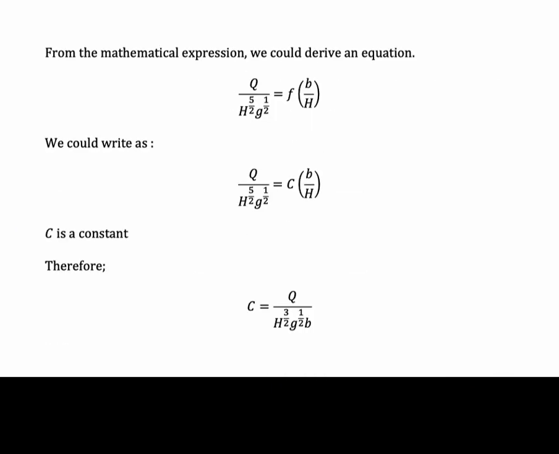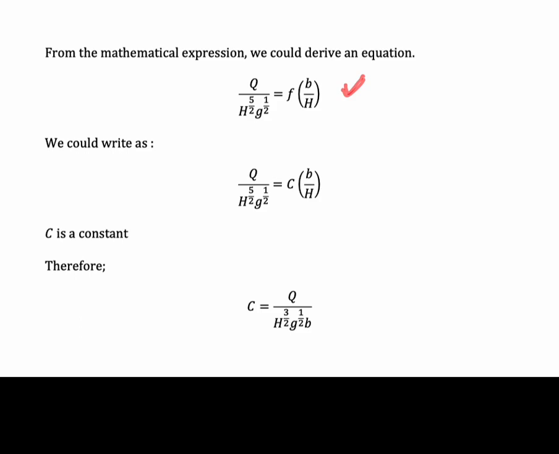Okay, from the Buckingham pi theorem, we could get a term as this one: q over h to the power of 5 over 2 and square root g is a function of b over h. So this is the mathematical expression. It is just an expression, so we need to convert it into an equation.